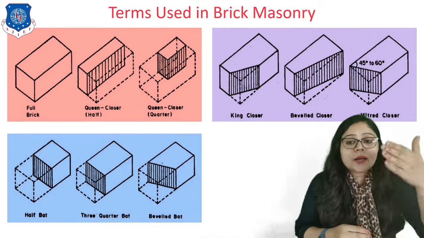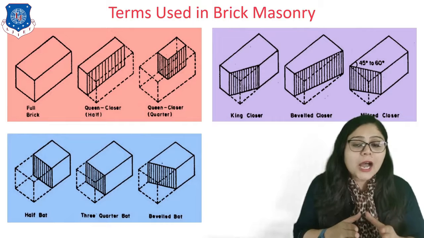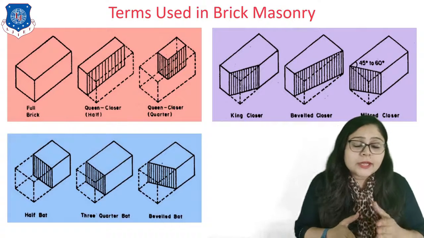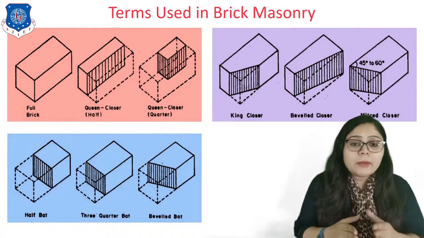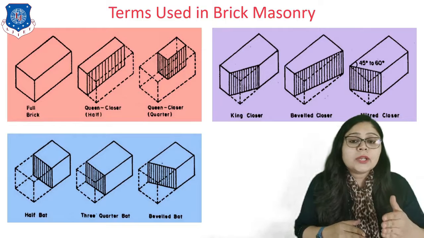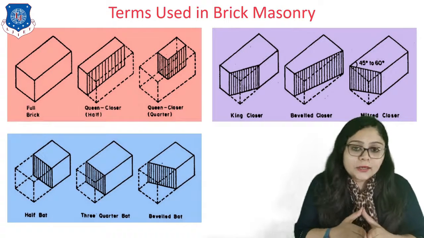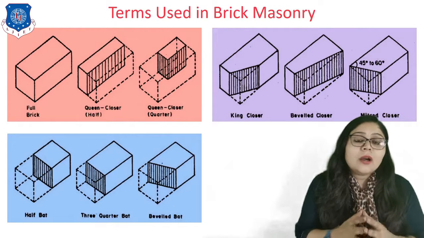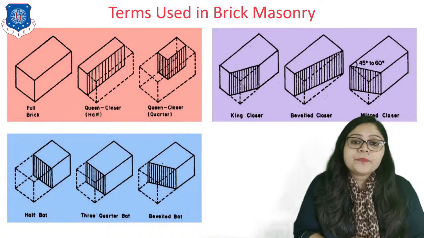Whenever a brick is cut from its center in terms of the header portion, it is known as the half bed. If I cut it into the three-quarter part, then it is known as the three-quarter bed. And lastly, it is known as the bevel bed when the center portion in terms of stretcher is there and some inclination angle is there at the header portion. So these are the cuttings provided, or we can make them, for better brick bonds, right?